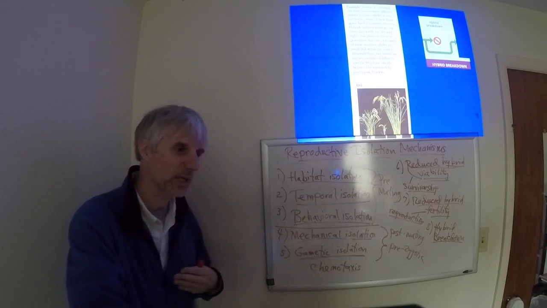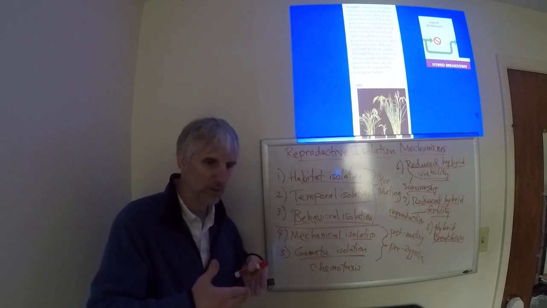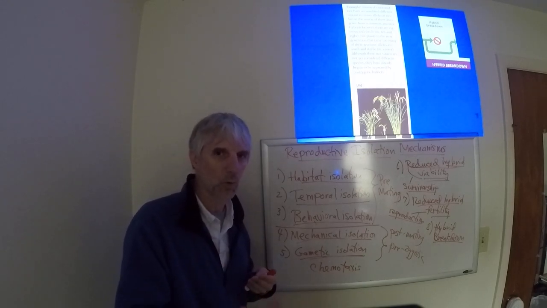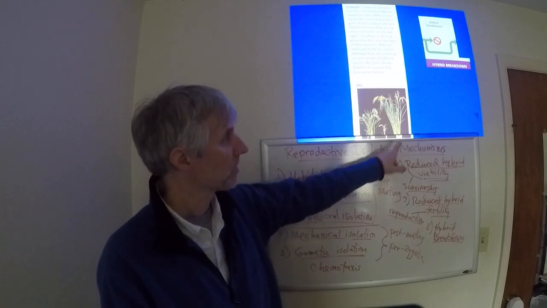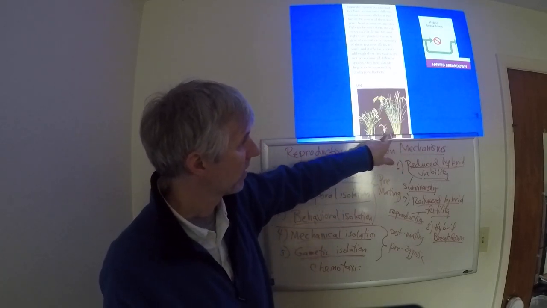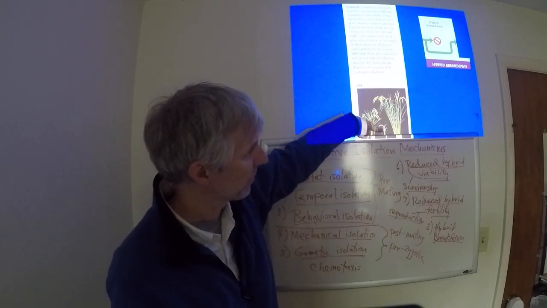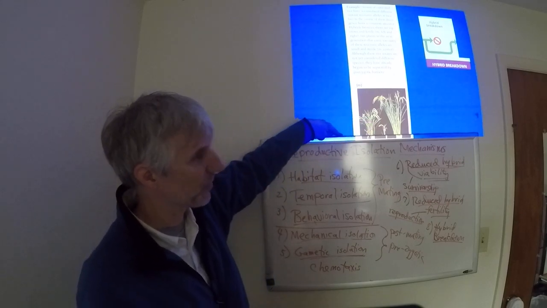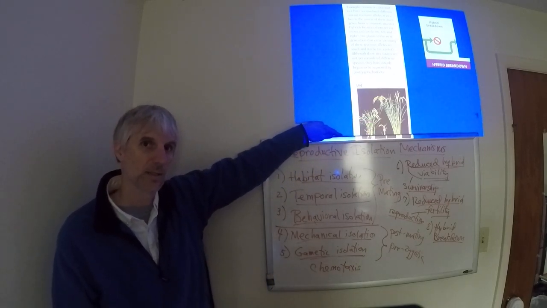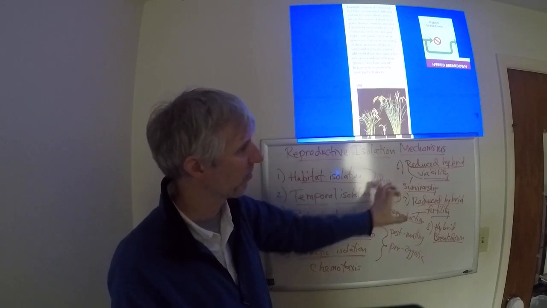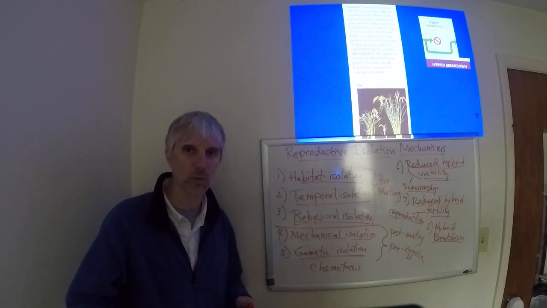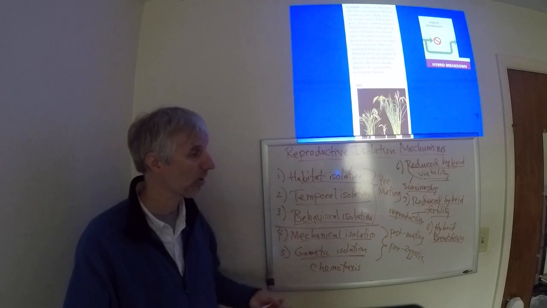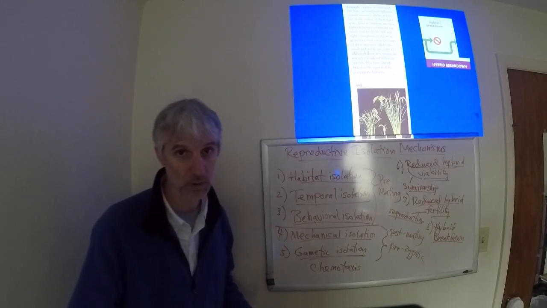And each generation that occurs from this original mating, the offspring get worse and worse and worse. So here's the first parent, second generation, third generation, fourth generation doesn't make it. So it has hallmarks of both 6 and 7. It just takes more than one generation for this effect to play out.